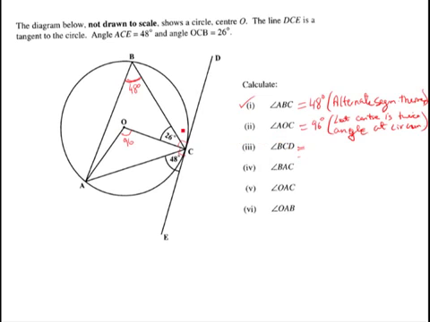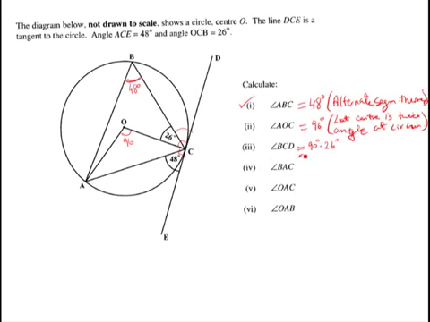Angle BCD. So when I find this angle here, angle BCD, B to C to D, this angle right there. We already established that this angle from the radius right down to the tangent is 90 degrees, because the total angle between a radius and a tangent is 90 degrees. So if we have part of it, which is 26, the next part should be complementary to 26 up to 90 degrees. So that is 90 degrees minus 26 degrees.